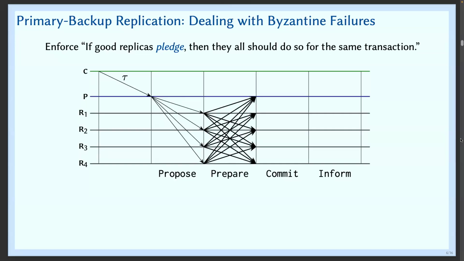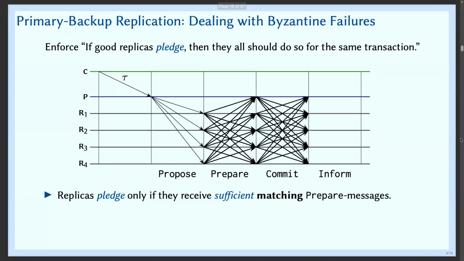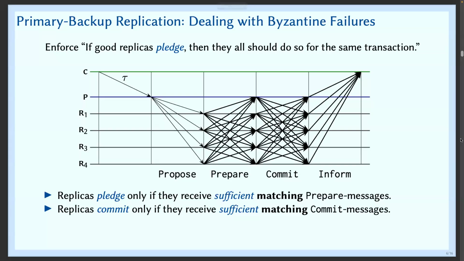So we said we have this protocol, PBFT, and it goes through these phases. The client sends a message, then the primary proposes that message to everyone. Then we have a prepare phase, a commit phase, and an inform phase that informs the client. Once a replica receives a message from the primary, it sends a prepare message, including the primary's message inside it.